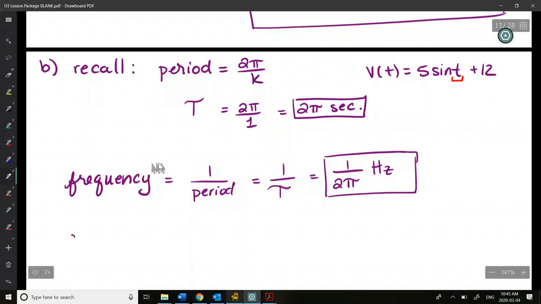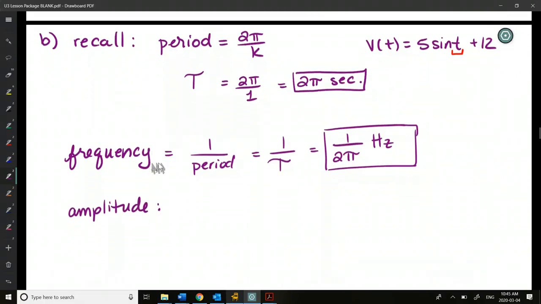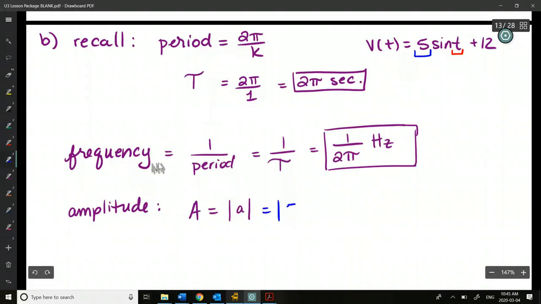Okay, and then again, amplitude. This is taken back from advanced functions. The amplitude of your function is going to be the absolute value of the a value in your function. So the a value is this multiple that's out front. So it's going to be the absolute value of 5. And the question in part B also tells us that amplitude is measured in volts.